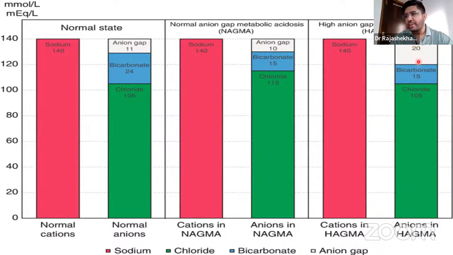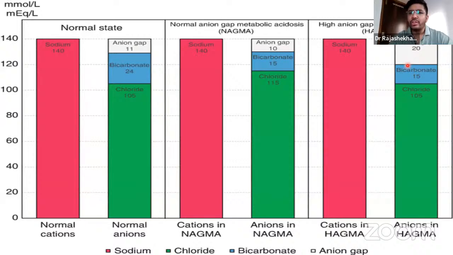This relation is predictable, and the increase in anion gap should go hand in hand with the decrease in bicarbonate. For example, if your anion gap has increased to 20, there is a 9 increase in anion gap, whereas bicarbonate has decreased from 24 to 15, so there is a 9 decrease in bicarbonate.